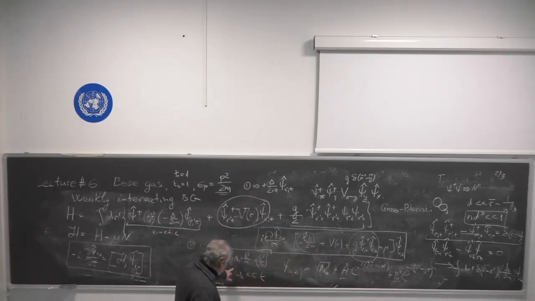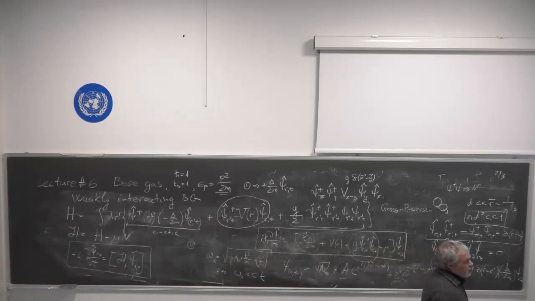Second, your sound velocity is proportional to both interaction and density of the condensate. So to say, in the system of weakly interacting Bose gas, you have sound waves or Goldstone modes.